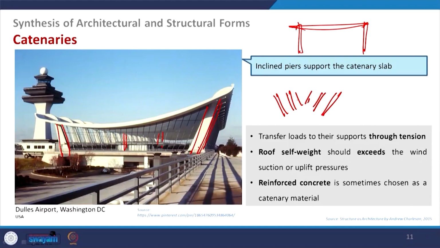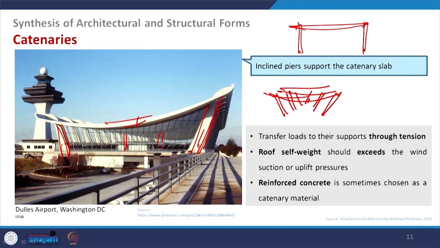So, here you can see that this is basically a series of such components placed one after another and then there are some slabs, the catenaries, which will rest on this to support.